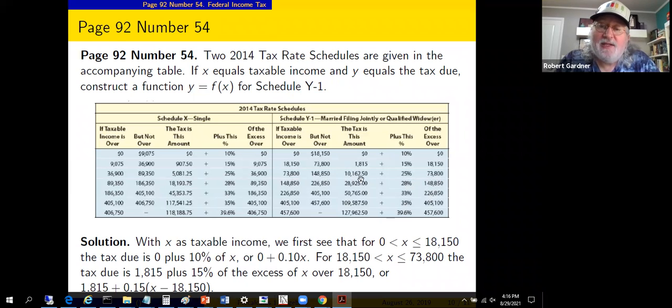So we'd get this number to replace the previous 1815. The 15% is replaced with 25%, so the 0.15 becomes a 0.25. And the X minus that is replaced with an X minus this. So we'd have not X minus 18,150, but now X minus, what was it? 73,800. That's the pattern.